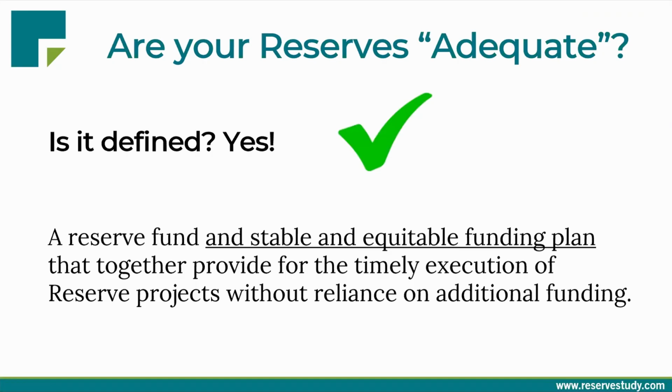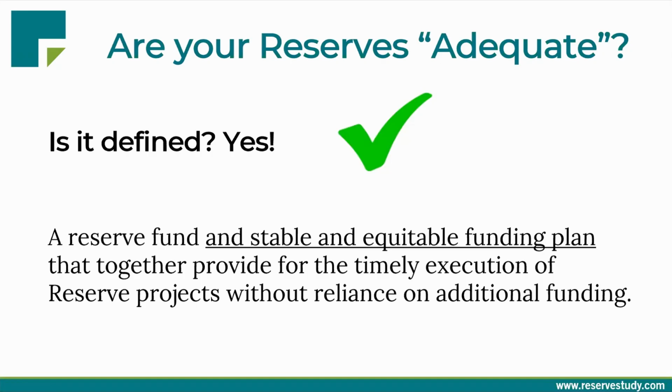First illustration of this. You may be wondering, are your reserves adequate? Well, there is a definition in the 2023 updated National Reserve Study Standards, and it's shown on your screen. It's a combination of reserve fund size being basically big enough and a stable and equitable funding plan that provides funding for all the anticipated upcoming reserve projects without reliance on last minute special assessments or loan.